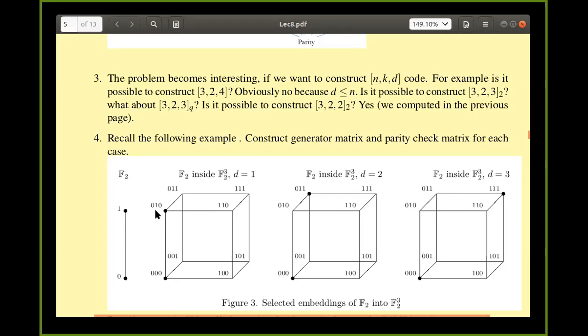So my vector is 0, 1, 0. Its linear combination is lambda times 0, 1, 0, scalar multiples. I'll get only 2 vectors, right? If I multiply by 0, I'll get 0, 0, 0. If I multiply by 1, I will get 0, 1, 0. That is the span of that vector in F2 power 3. So I'll get these two.